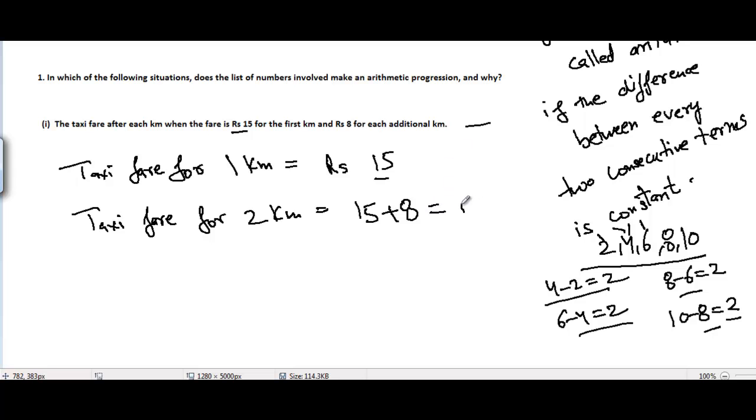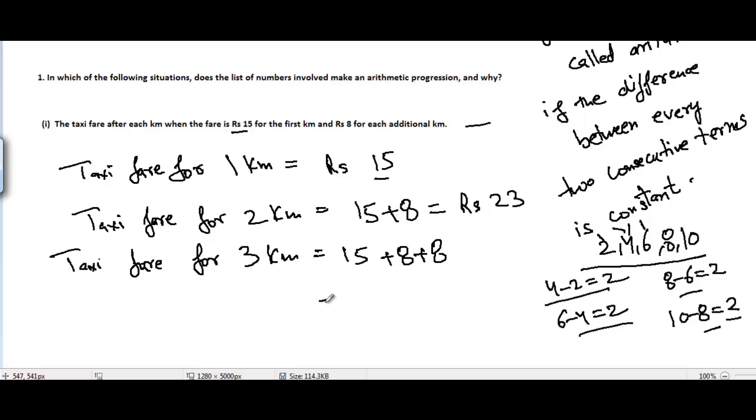So it's 15 plus 8, so it would be 23 rupees. The taxi fare for 3 kilometers would be 15 plus 8 plus 8. So it would be equal to 23 plus 8, and it's equal to 31 rupees.